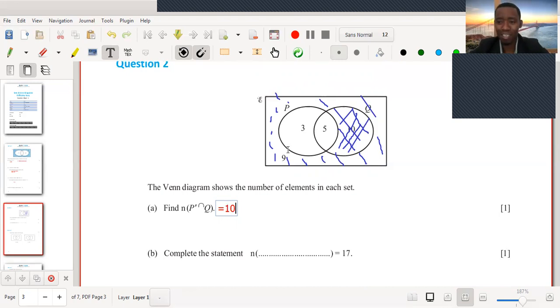Now, how can we complete this statement by using mathematical symbols which are allowed in sets? How do we do that? So let's find out and see how we can proceed. What can we say?